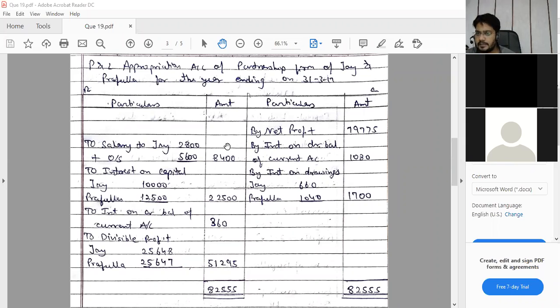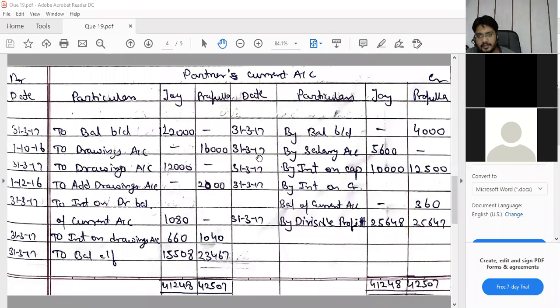So how much is the outstanding amount? 5,600 is the outstanding amount. So for this outstanding, you can give the third effect on current account credit side, 31st March 17, by salary in the column of Jai, 5,600. I hope it is clear.